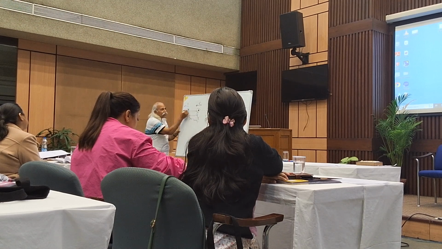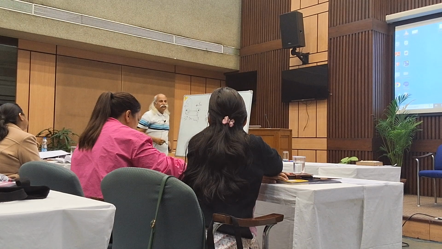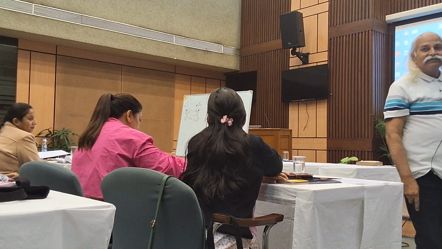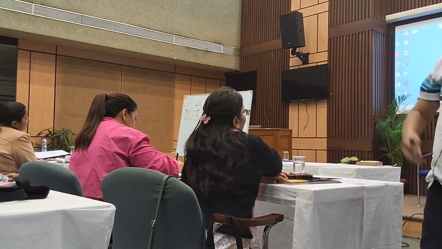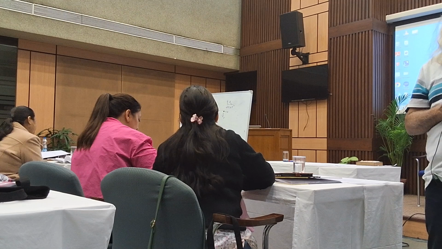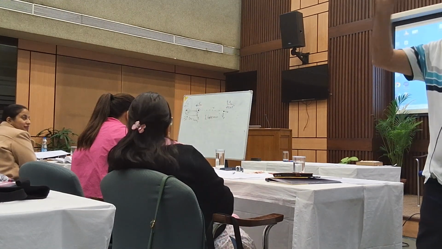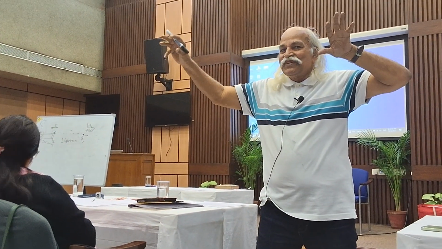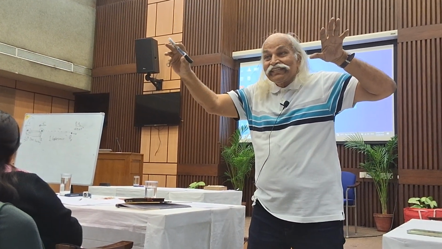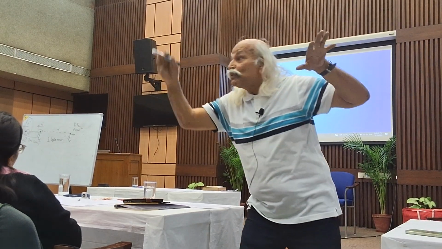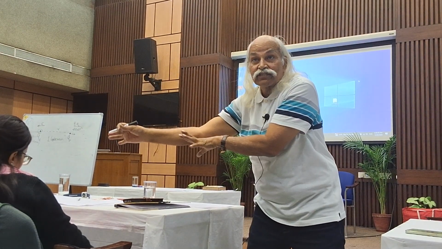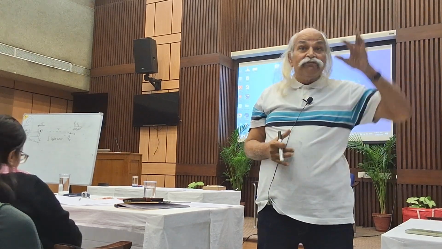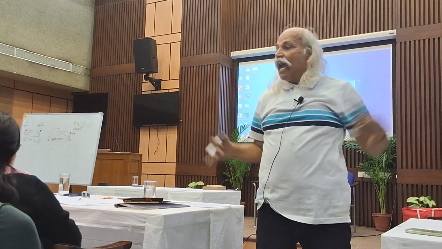The moment Q1 reaches here, it knows that the field has decreased, and so the force has decreased. Because this Q2 has been there for quite some time, it has created a lower field here. When this Q1 was shifted, already it was lying in the larger field, it moved to the smaller field. Immediately the force decreased. So for the full 2025, the force on Q1 and force on Q2 have different magnitudes.